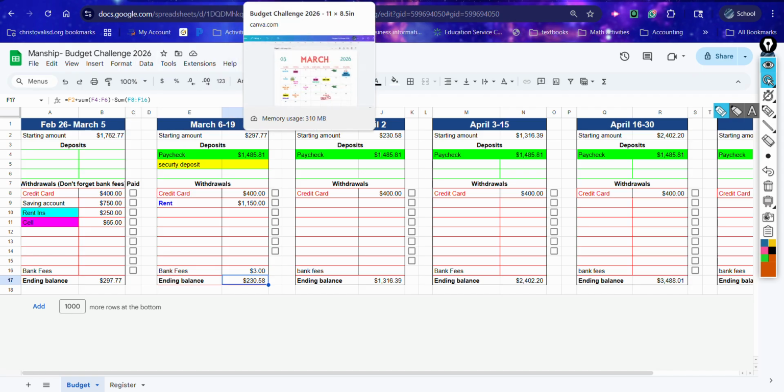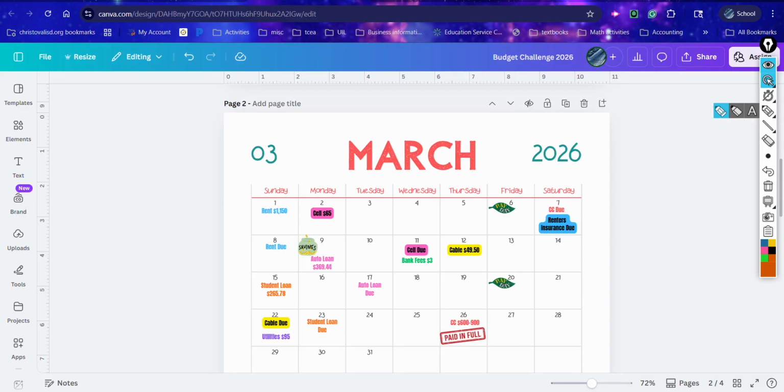Okay, so now I'm going to go back to my budget challenge calendar and look and see. So I have covered my rent. I've covered my renter's insurance. I've covered my credit card. I've covered my bank fees and my cell phone.